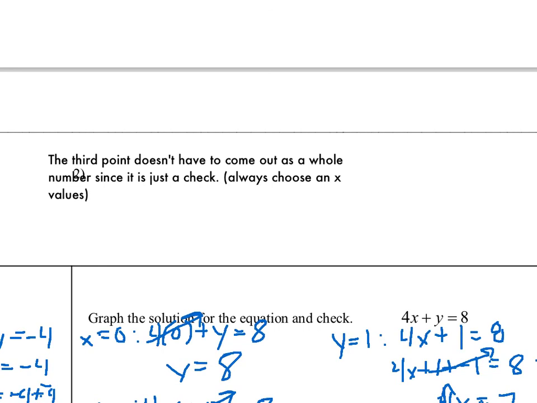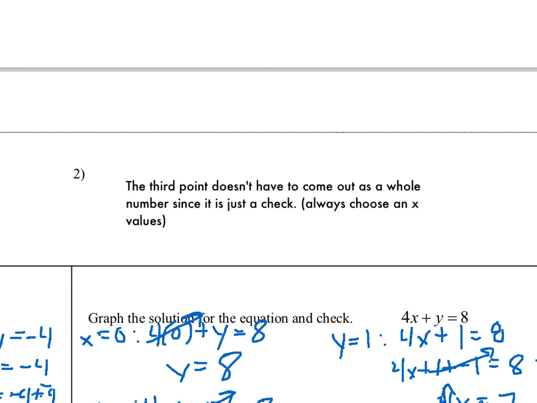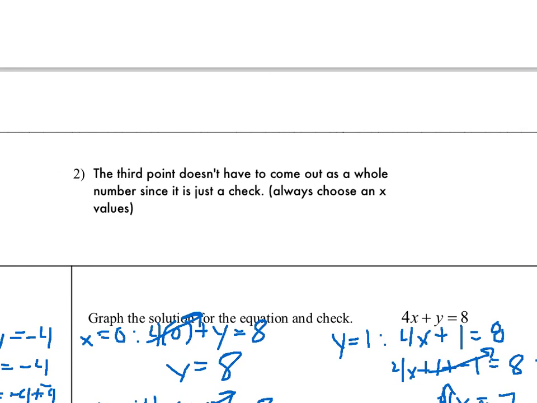We chose a y value in that last problem, and it turned out just fine. But I think for most of us, the way that we see that graph and the way things are graphed, most of us are going to understand a lot better if we are choosing an x value. How to check that. Okay.